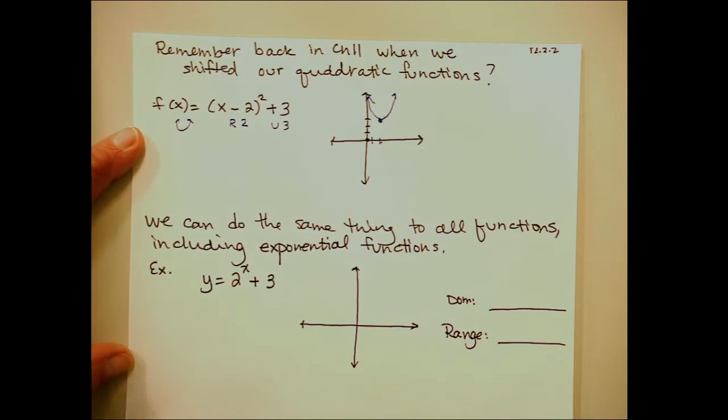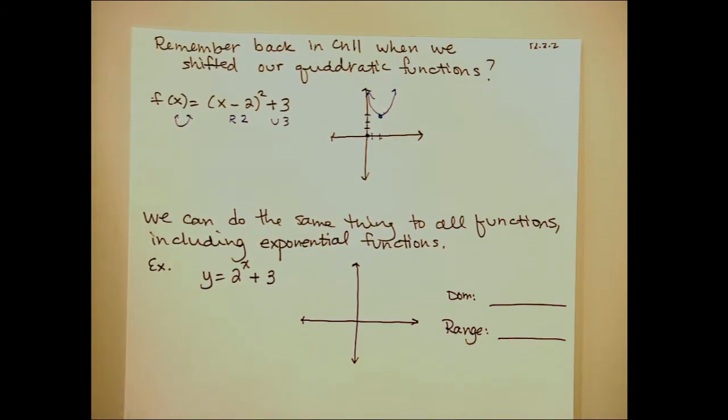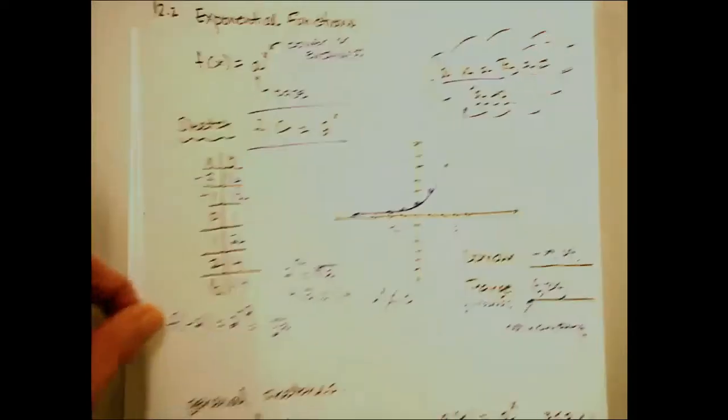Oh, that's a pretty lame parabola. Sorry. Okay. Well, we're going to do the same thing with our exponential functions, but we just don't have that much to move. I'm going to bring back my other picture. I want to give one more vocabulary word.